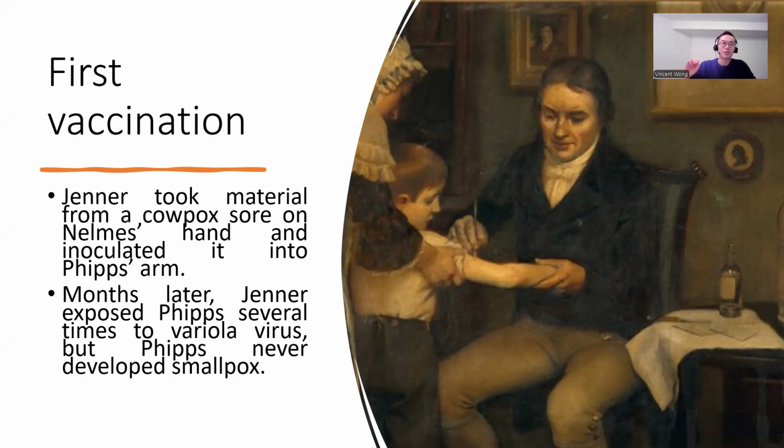And then the next thing he did was really crazy. He exposed the boy to smallpox multiple times, right? And saw if he was going to get infected. And fortunately for the boy, he did not. So that's where the first vaccination concept was created.